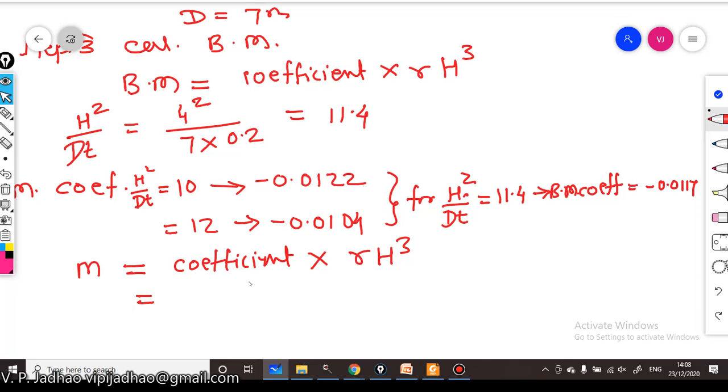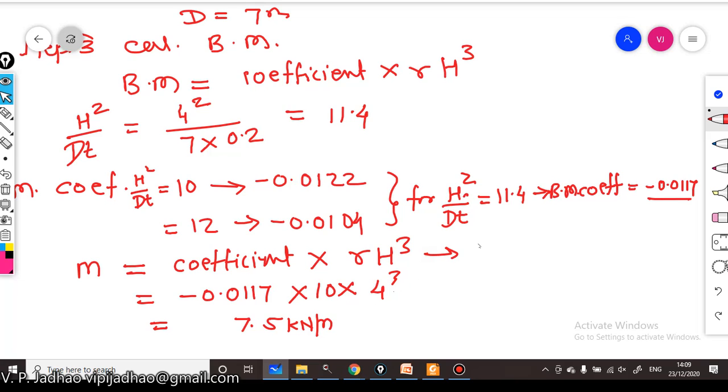We have the coefficient equal to this value, that is minus 0.0117, so minus 0.0117 multiplied by gamma h cube, where gamma is 10, let us consider 10, or we can also take 9.81, 10 into 4 cube. So we get this bending moment value, M is equal to 7.5 kilonewton meter.